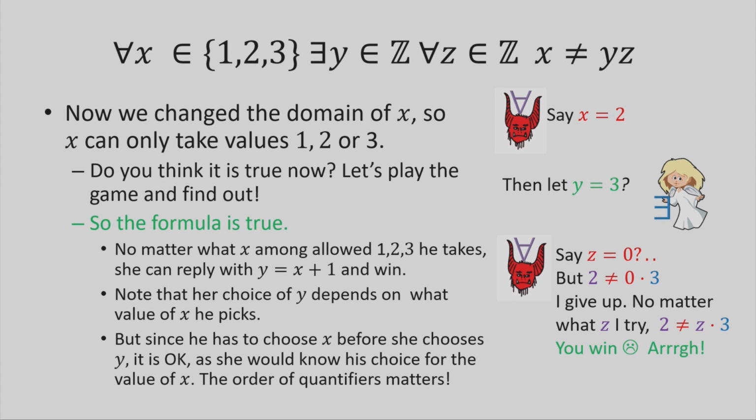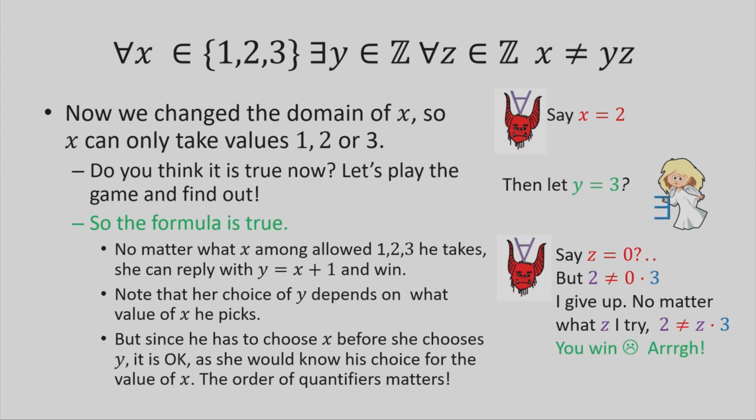Notice that here she cannot quite pick y beforehand. Well, in this particular example, maybe she can, but in general, she really needs to know x before she makes her choice for y. And this is why we are going in that order of quantifiers. The very first quantifier variable x can be set without knowing anything.